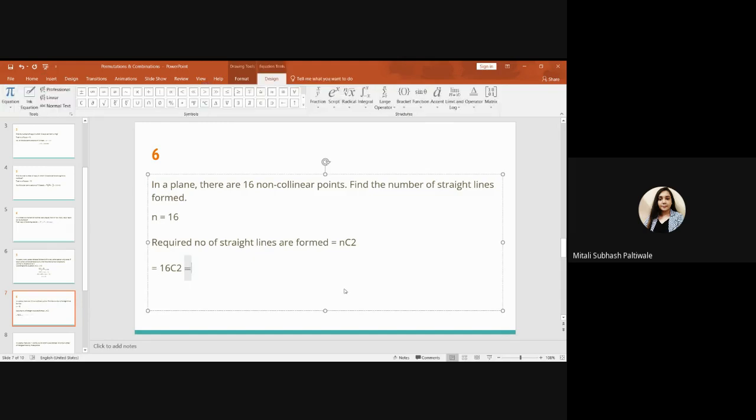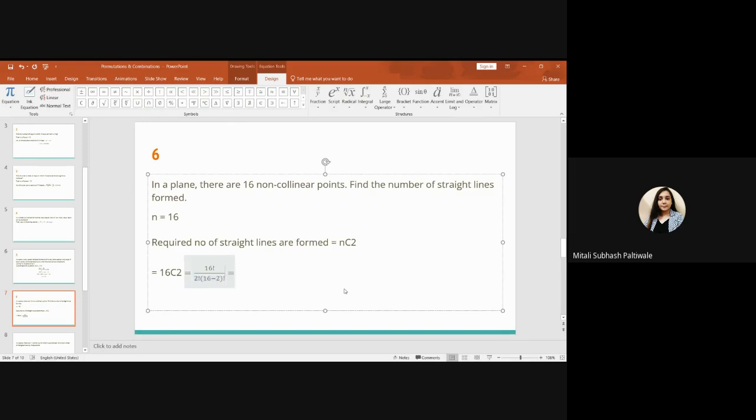Which is equal to, let me just put the equation, 16 factorial divided by 2 factorial into (16 minus 2) factorial. That's it. Let's find out this one.